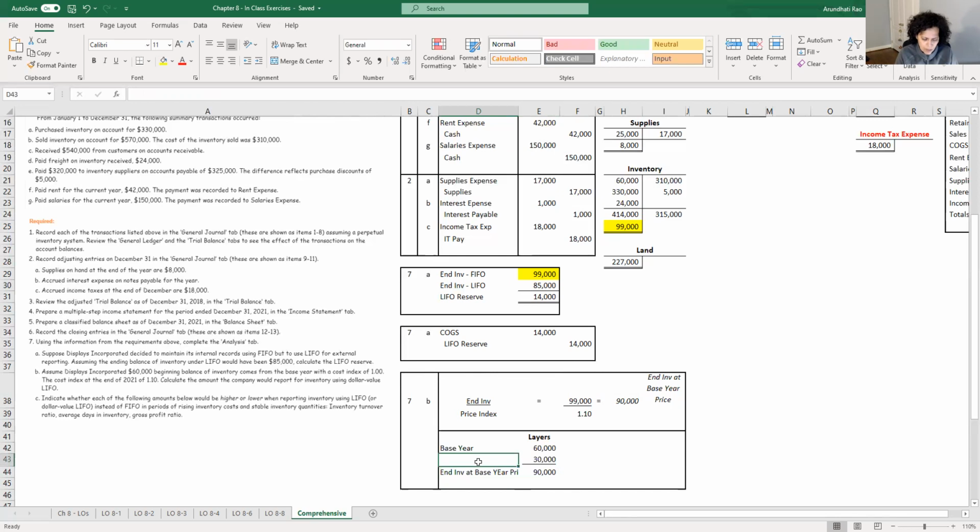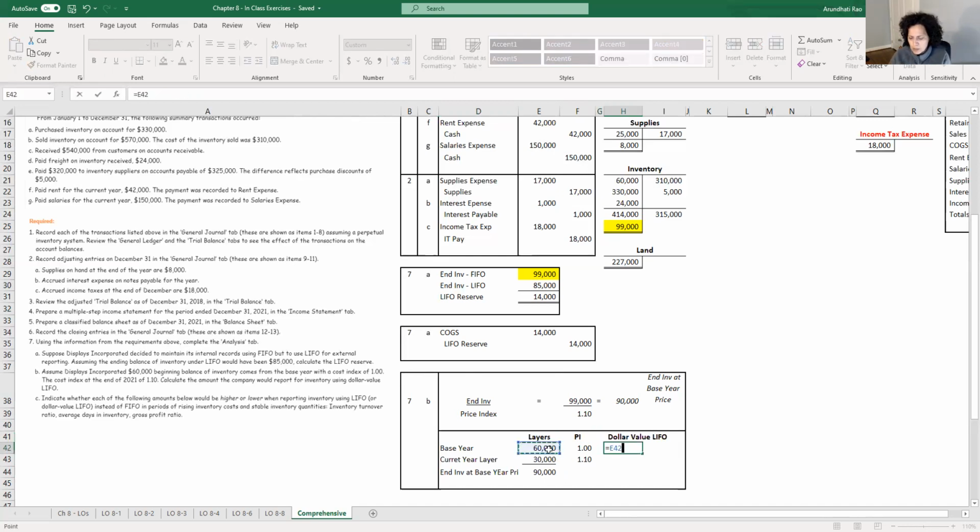This is the current year layer. It means these are purchases made in the current year that I did not sell. Now, what's the next step? I take the price index and I have to multiply these numbers by the price index of the relevant year. So for the base year, it is 1. For the current year, it's 1.1. So I'll do the calculation to arrive at the dollar value LIFO.